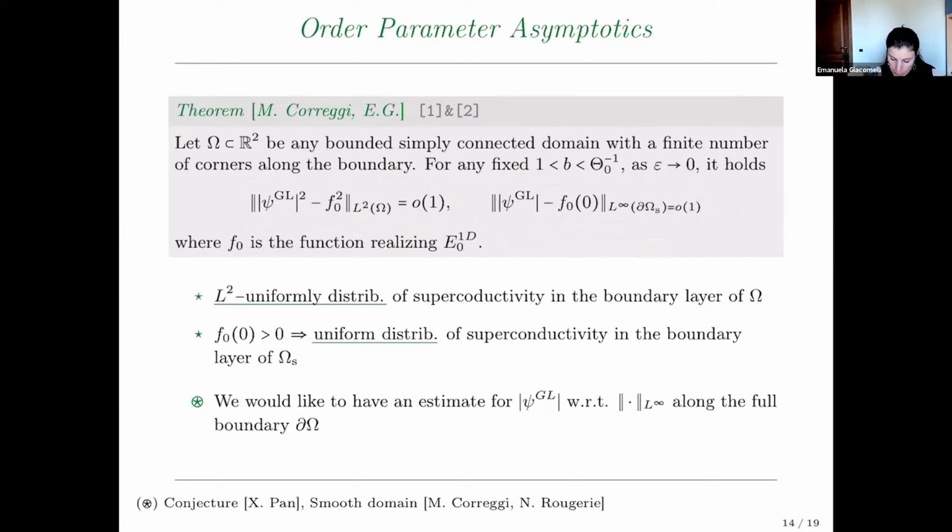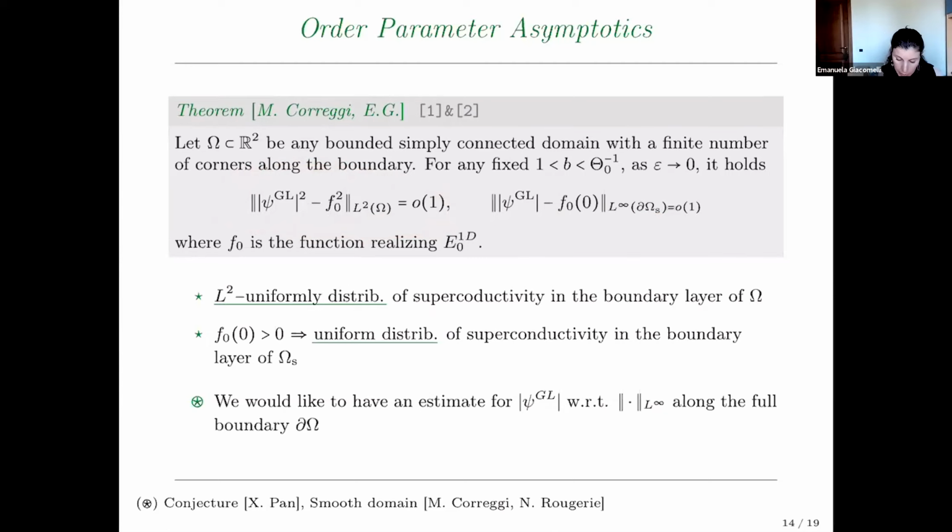In particular, why is this really important? First, let me say that this is an estimate which is true in the smooth part of the boundary. And why this is important with respect to the estimate in the L2 norm is that if you just have the L2 estimate, you cannot exclude that close to the boundary there are regions in which just a little bit of superconductivity is surviving. But what you want to prove is that close to the boundary, superconductivity is surviving in a strong sense.